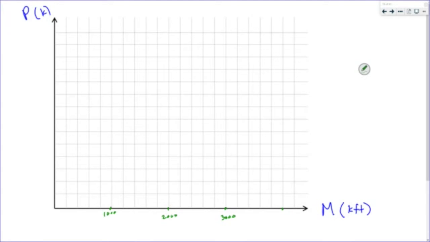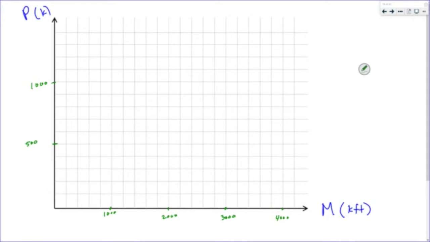Wait, 4,000. I was about to put 3,500 because I'm an idiot. Okay, and then 500 kips, and 1, 2, 3, 4, 5, 1,000 kips.